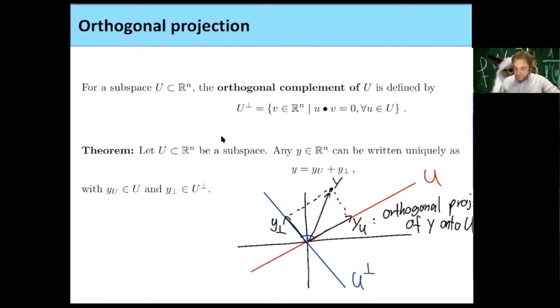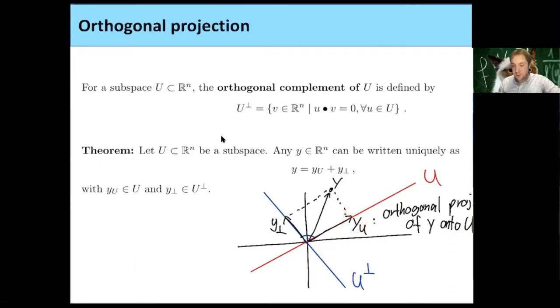And this is what we want to find, because in our application, this U will be the image of A, and then this Y will correspond to our data, our labels, and we want to take the orthogonal projection here to find something in the image of A, and if we have something in the image of A, we can find some theta such that A times theta is this thing here.